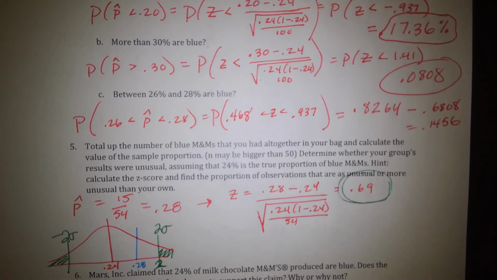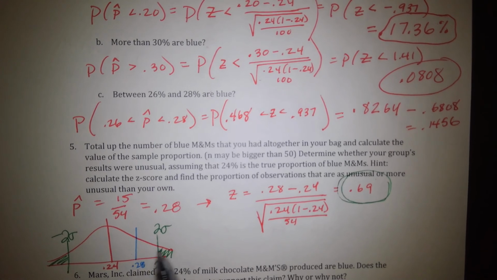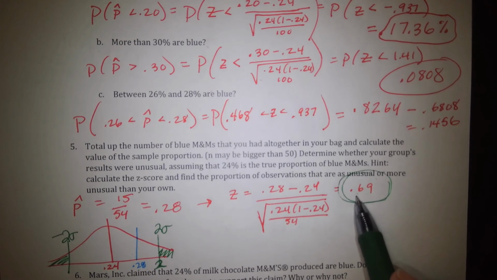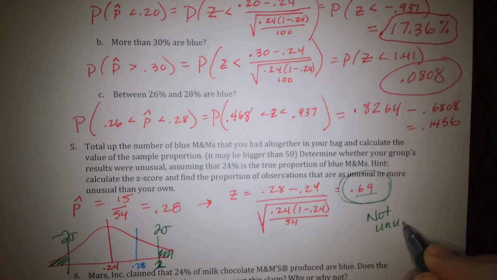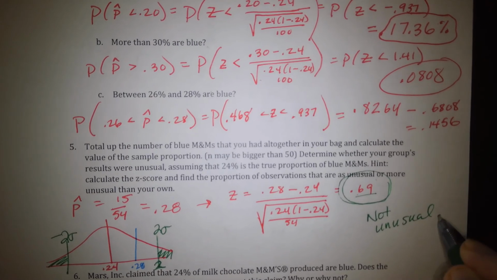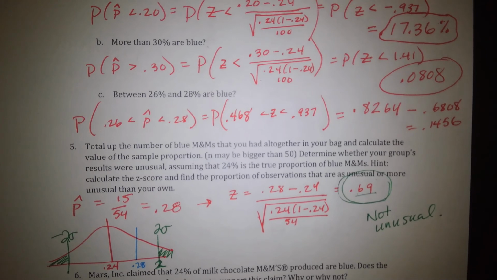Since my data is inside 2 deviations, it only has a z-score of 0.69, this would not be considered unusual. So my bag of M&Ms that has 28% blue is not an unusual thing. Even though I know that it should be closer to 24%, 28% would not be considered unusual. So I did not have an unusual bag.